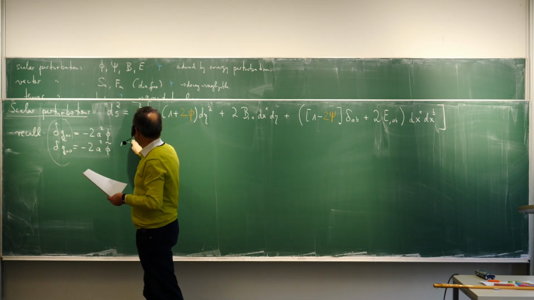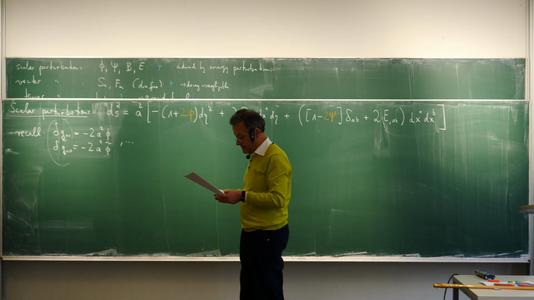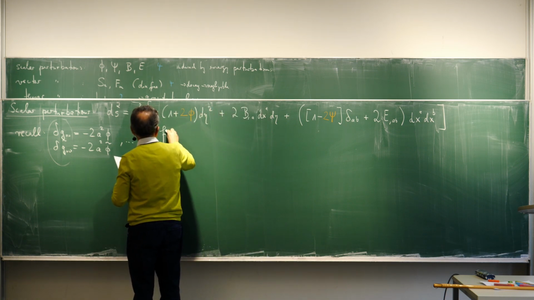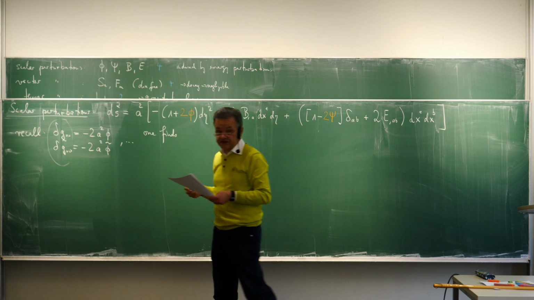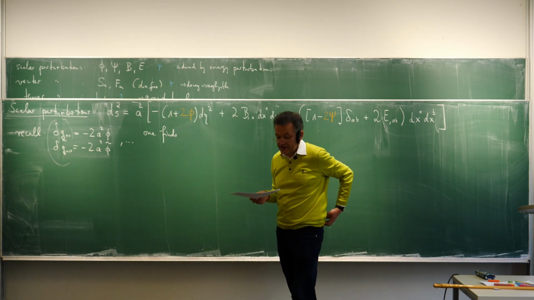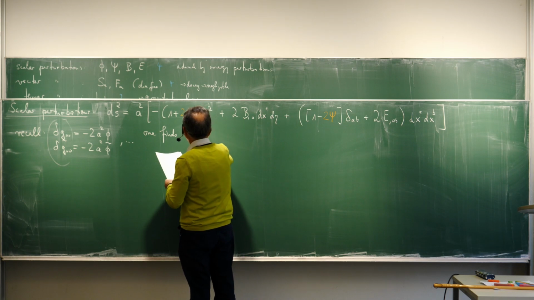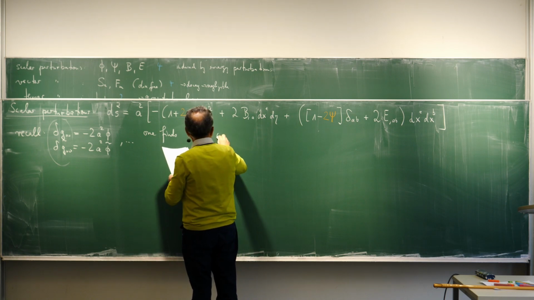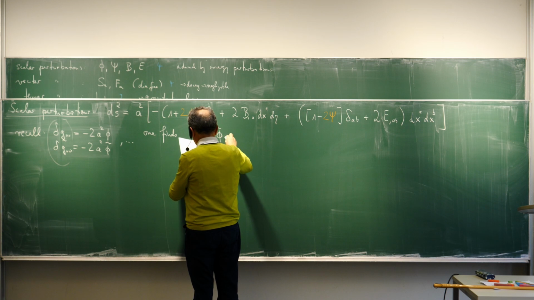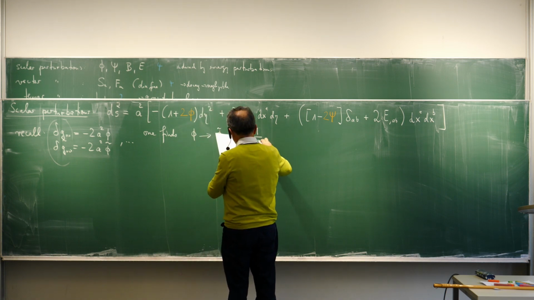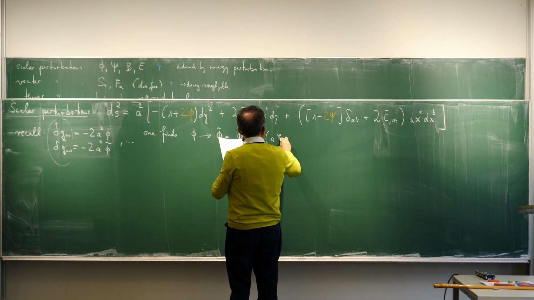And for all the others, from this one finds, and I leave this as an exercise for you, or you can also read this in the books, that phi going to phi tilde is phi minus 1 over a, and then we have a psi 0 prime.